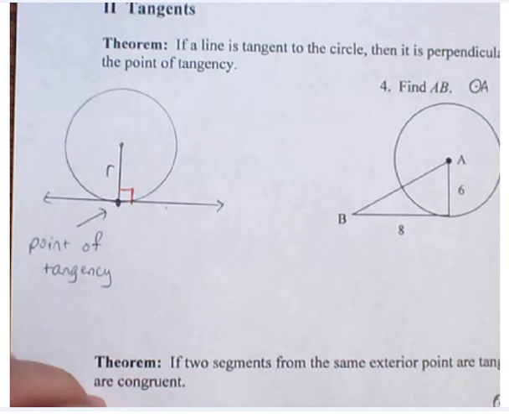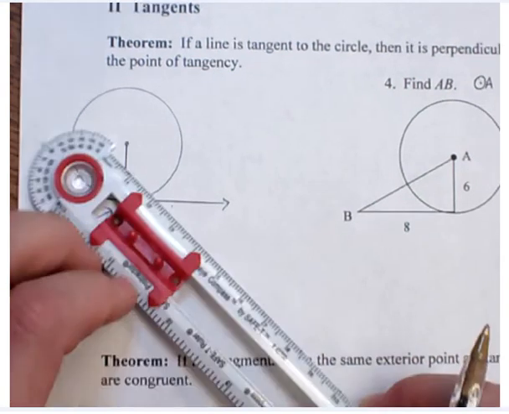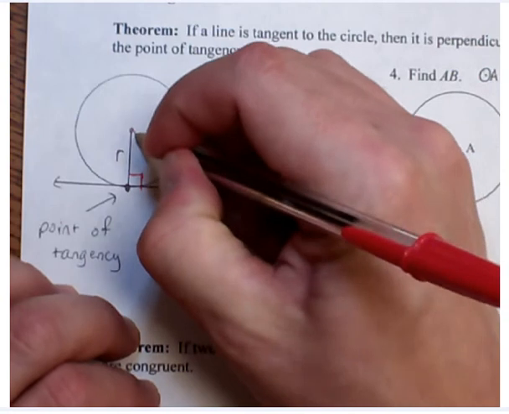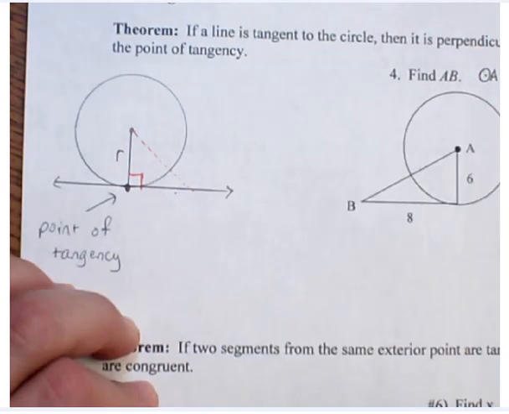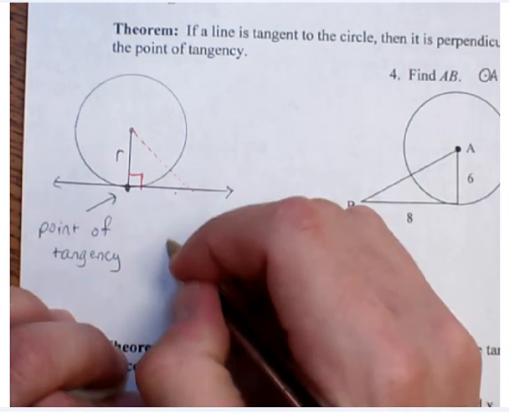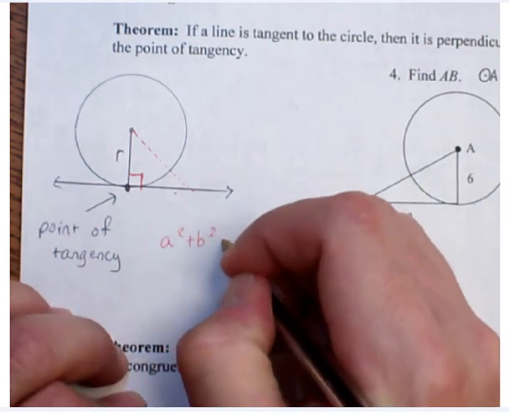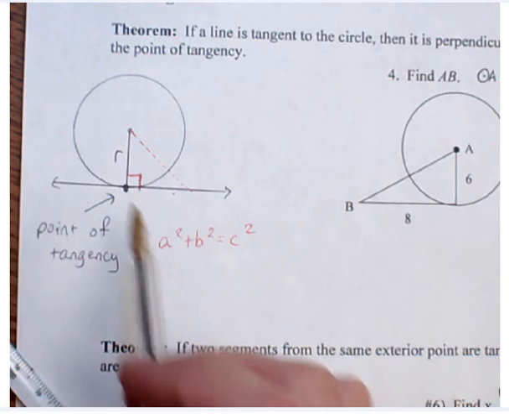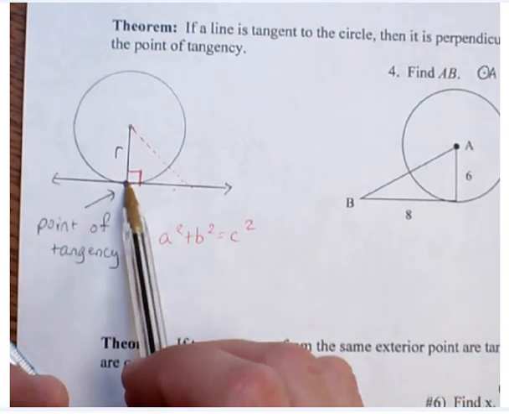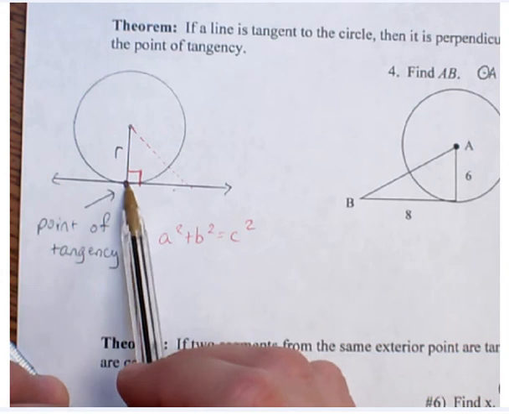Now, anytime you have 90, you can somehow, if you connected this in a way, now you have a right triangle. And so you can start thinking a squared plus b squared equals c squared. So a radius or a diameter is always perpendicular to the tangent at the point of tangency.